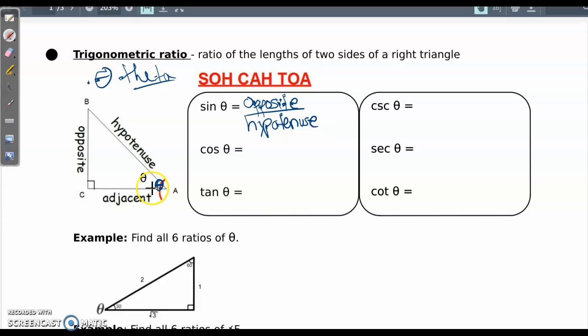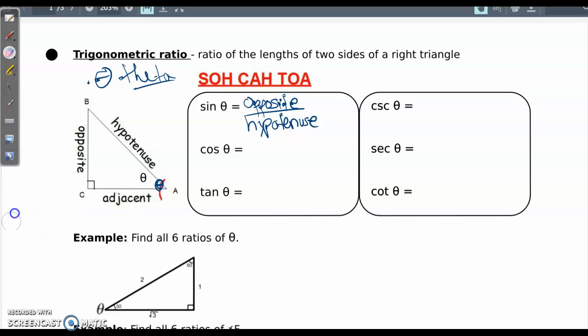So you're going to go to the angle, theta, and the opposite side, you're going to put on the numerator, and you're going to divide it by the hypotenuse, which is always across from the right angle. The cosine is given from the name co, which is complement of the sine.